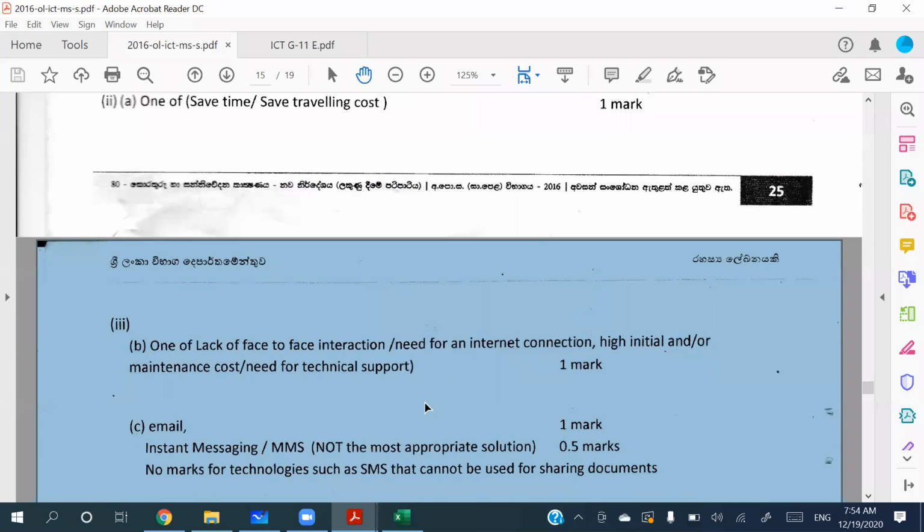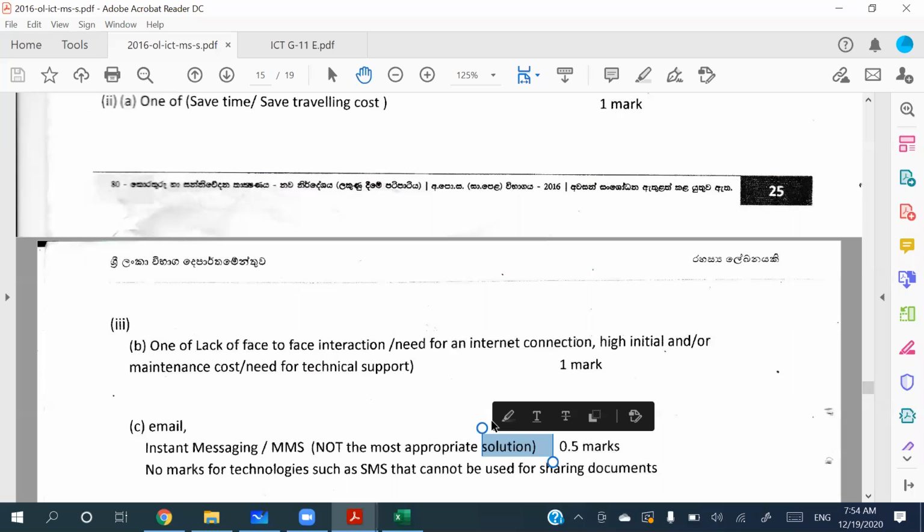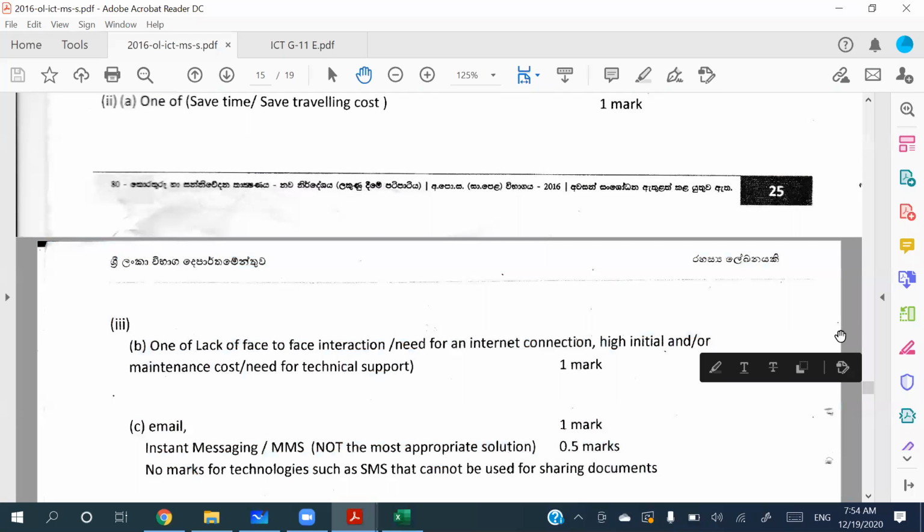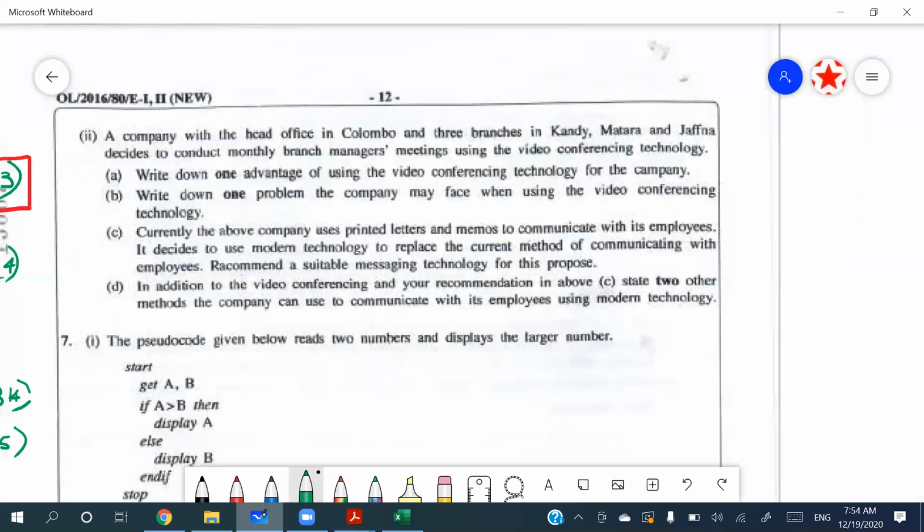Let's see, it says lack of face-to-face interaction, need for an internet connection, high initial cost and high maintenance cost, need for technical support, right? Those things will be the requirements or the challenges when you are facing to do the video conference.